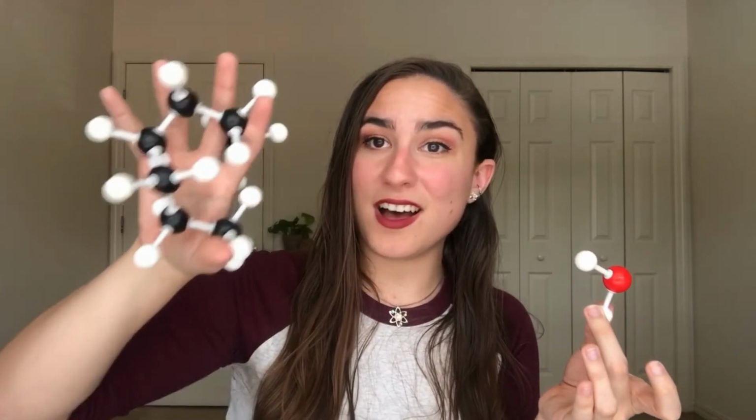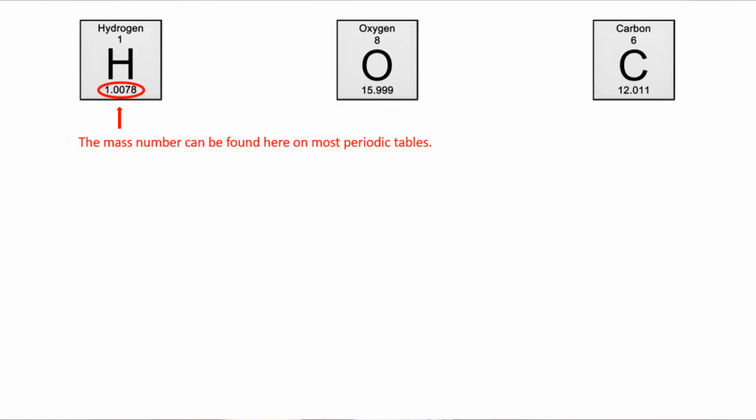So some molecules are small and light, while other molecules are bigger and heavier. I think we could all agree that a dozen feathers is not going to weigh as much as a dozen bricks. Likewise, a mole of water is going to weigh less than a mole of octane, and we can prove it using their molecular weights. So every molecule has a molecular weight, which can be calculated by adding up the mass of each atom in the molecule.